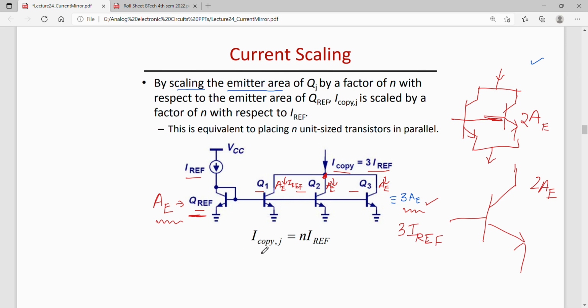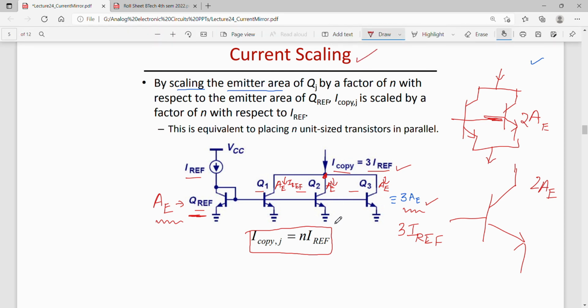Or one can write a generalized form: I copy will be equal to N times I ref. So for three transistors, current is 3 times I ref, or one could say that current is scaled up by a factor of N.